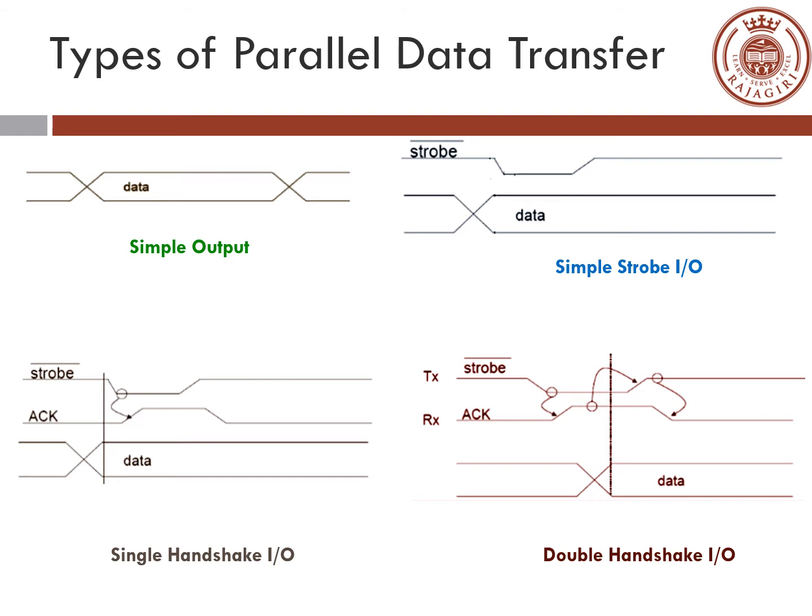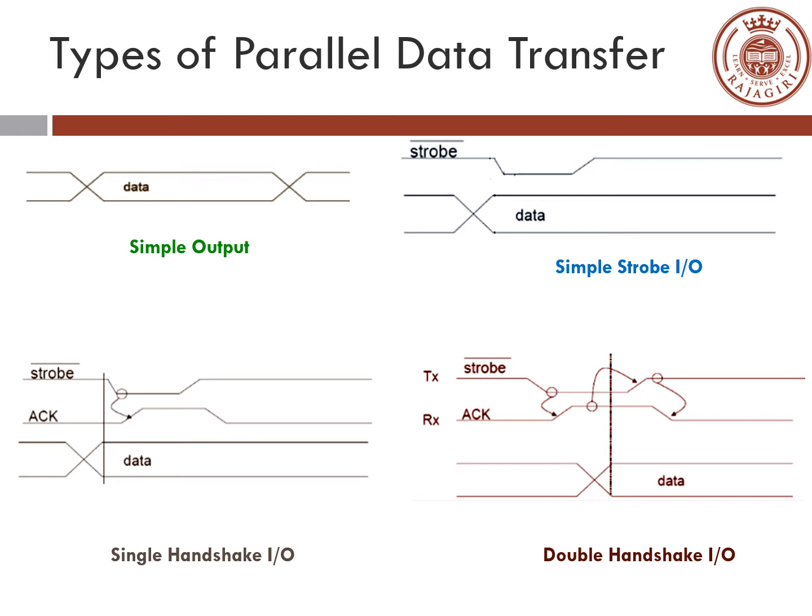Once the data bus values have stabilized, the sender would pull strobe low, indicating that there is valid data on the bus, and after some time it will release the strobe back to its original value, and within this time period the receiver should get the data.